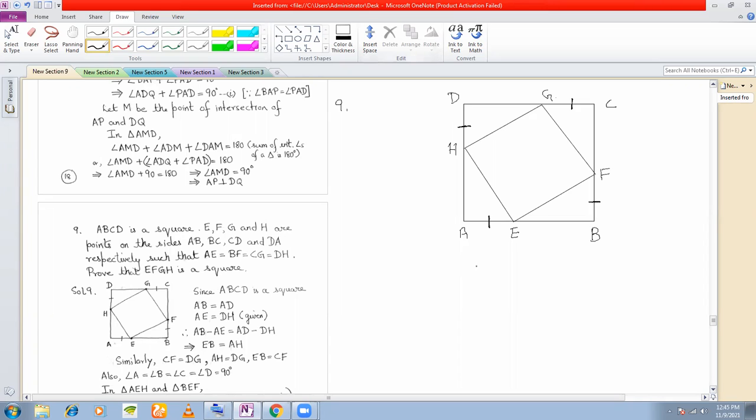So if I take each side of the square to be A, I have done it in the proof in a little different manner, so you can go through this. Otherwise, this is an easier way in which I am doing it for you. If I take all the sides of the square to be A, and each of these lengths to be B, because these are given to be equal.